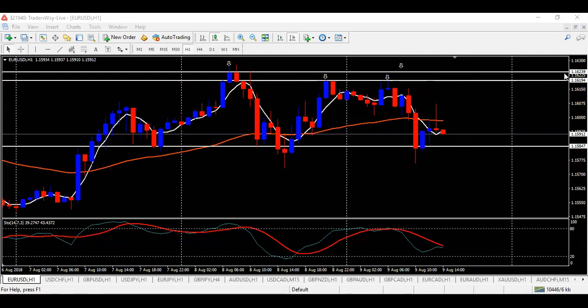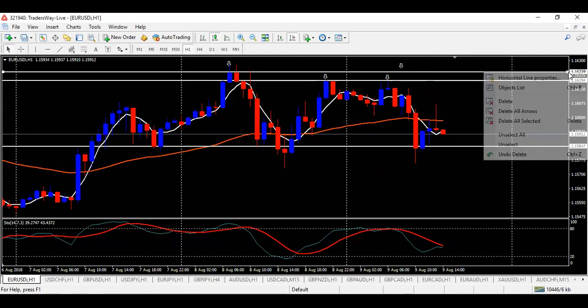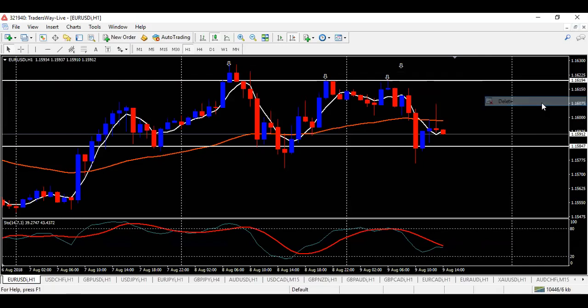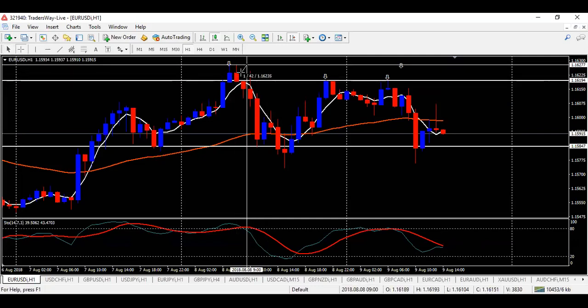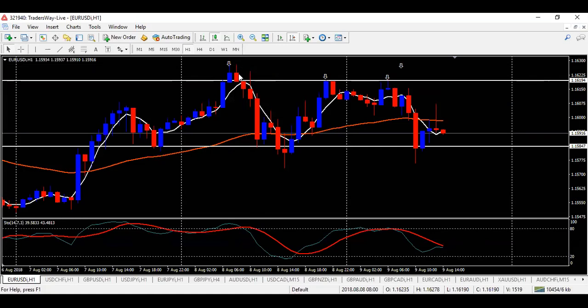Now, if you see that one of these candles on the bullish and bearish candlestick has a wick that is 15 pips from the body, let's say this wick was 15 pips from this body, right? There's only 4, but I'm giving you an example. If this wick was 15 pips from the body and above, then you would place it in the middle between the body and the top of the wick.